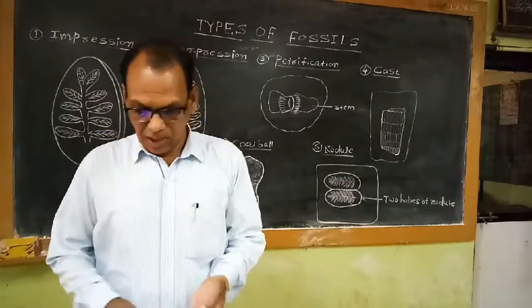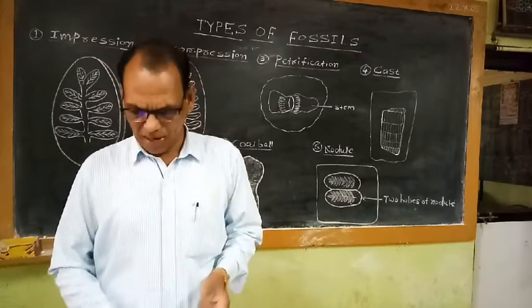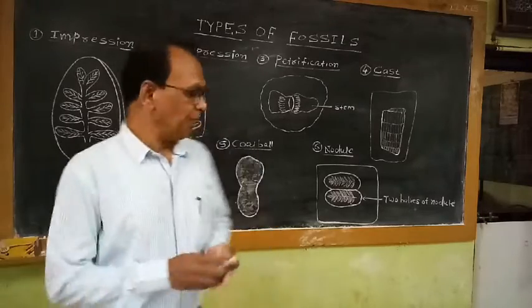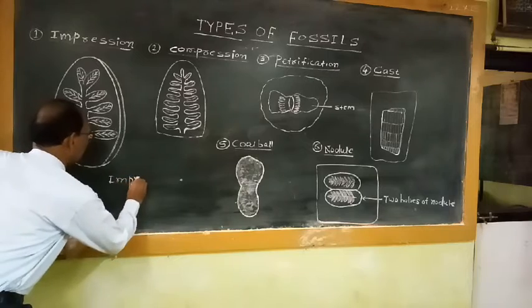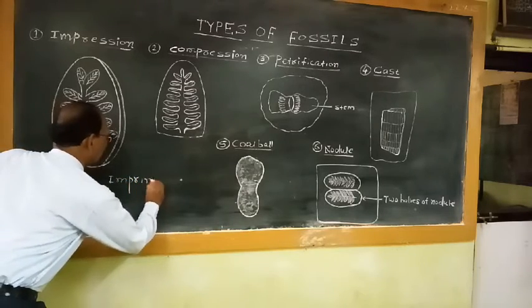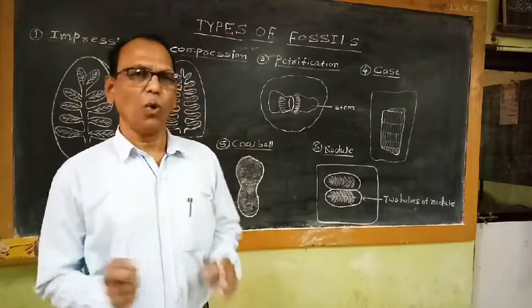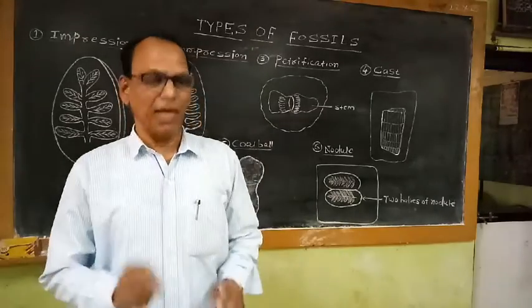the specimen in the form of entire plant or plant part is preserved in the form of imprint. So the imprint of this plant part or whole plant is preserved on the sediment.